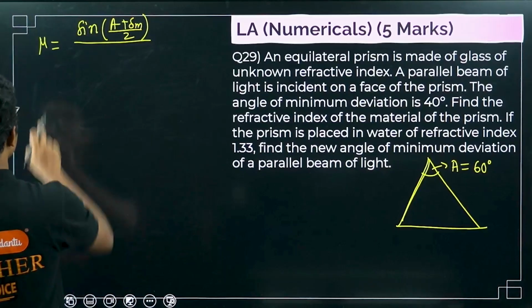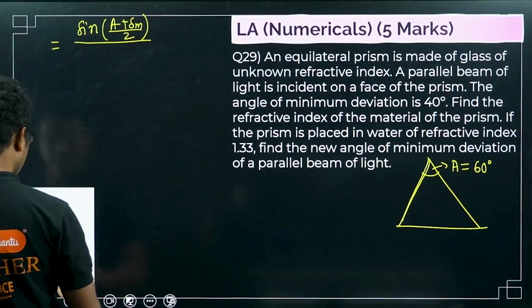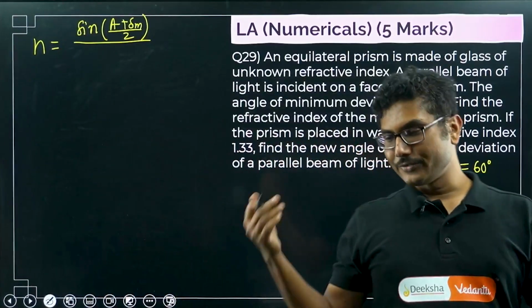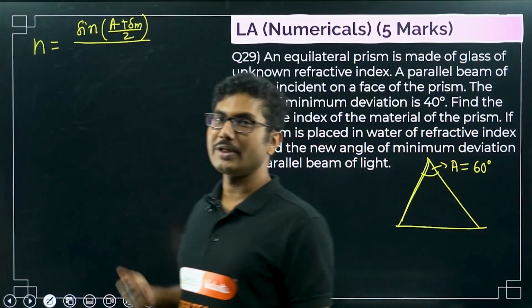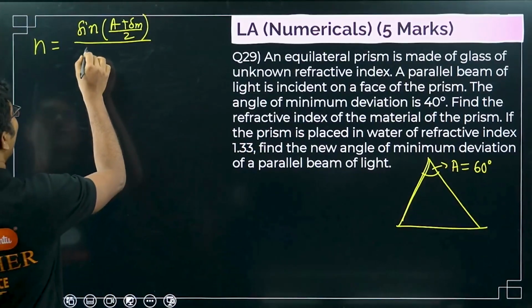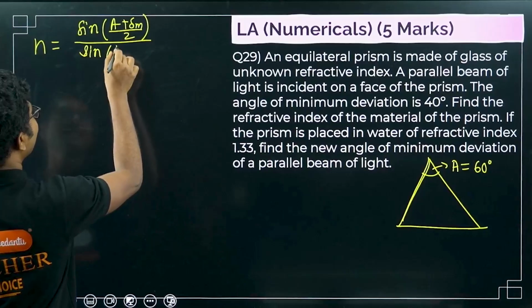Not mu, let me write refractive index. So when I was a student, we used to represent refractive index using mu. Nowadays all the books use n for refractive index. So sometimes I use the old forms that I have learned.